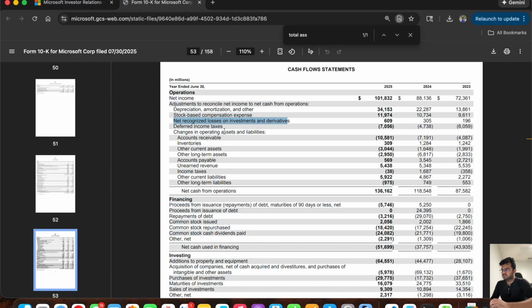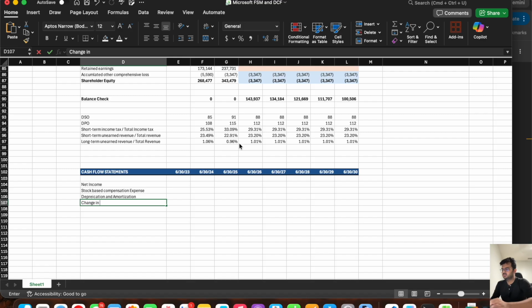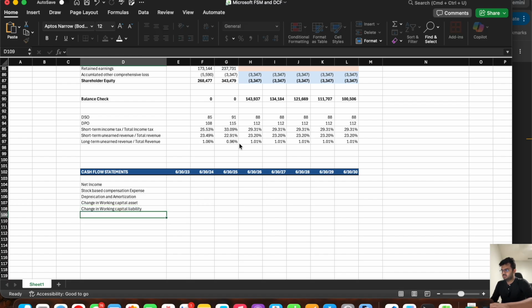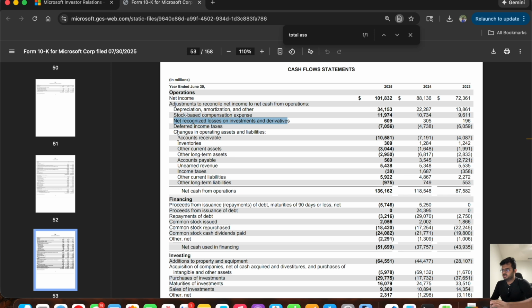Even here, rather than put change in operating asset and liability as one section, I will put it in 2 sections: change in working capital asset and change in working capital liability.